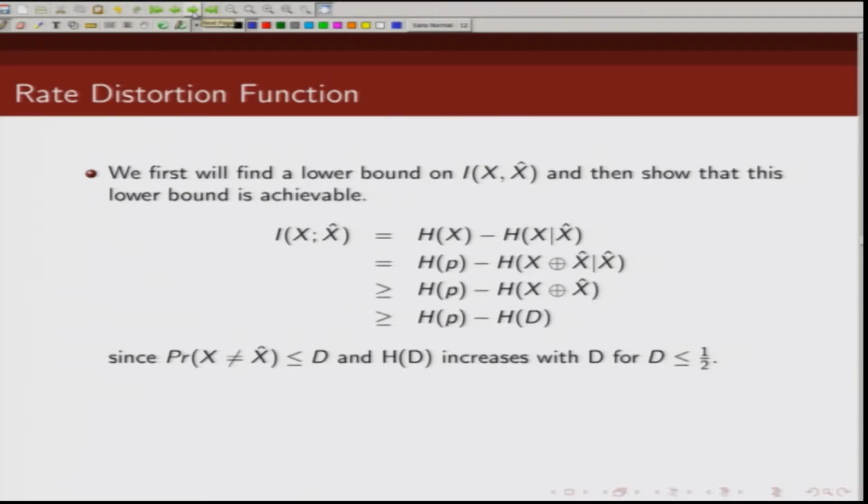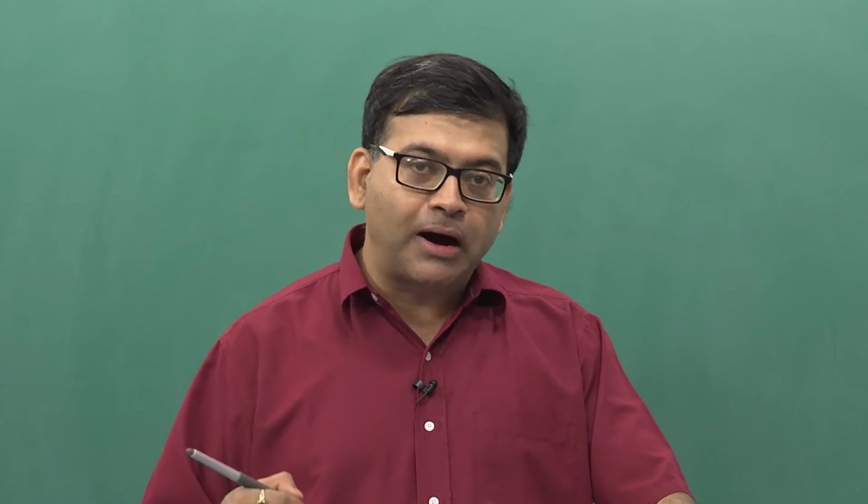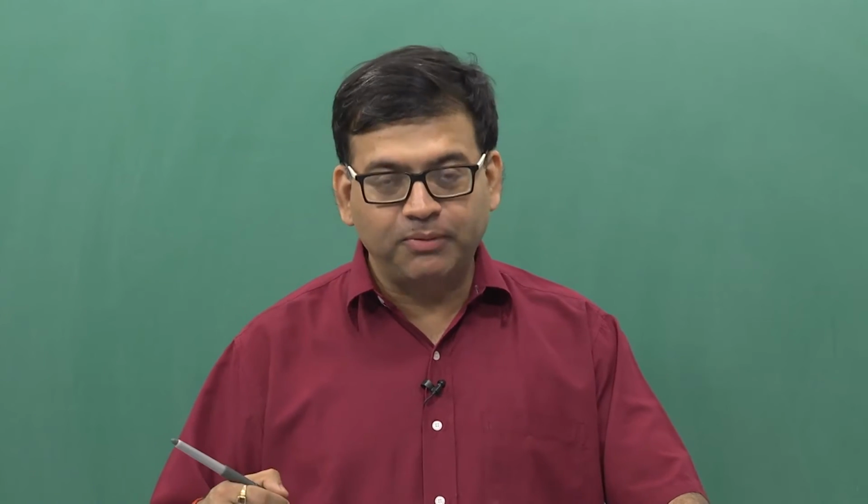Again here, to compute the rate distortion function, we will first put a lower bound on the mutual information between x and x hat, and then we will show that this lower bound is achievable.